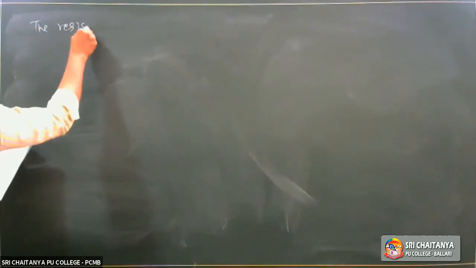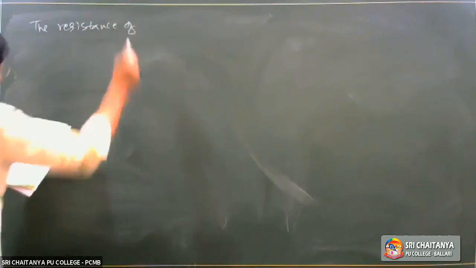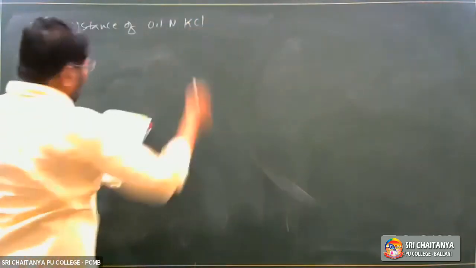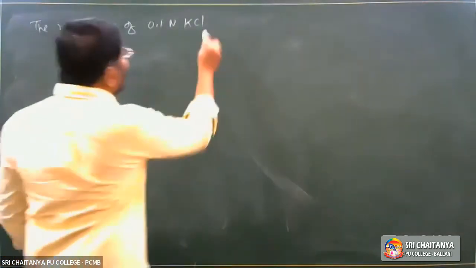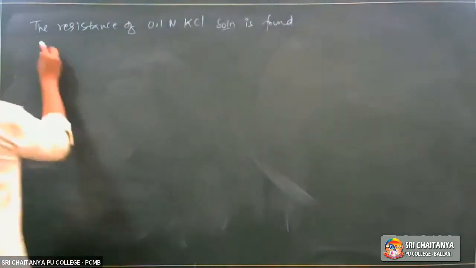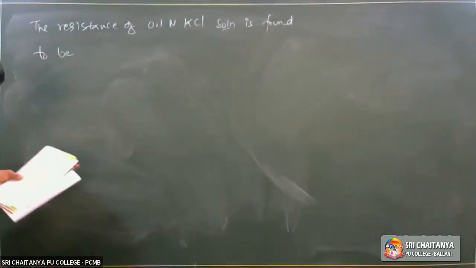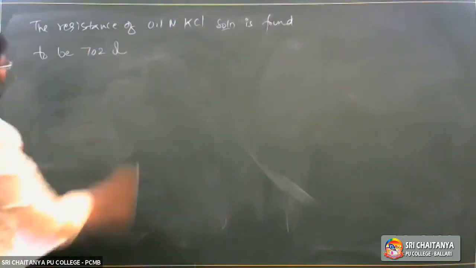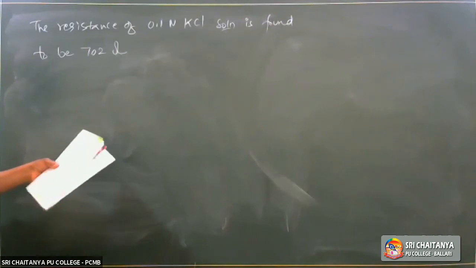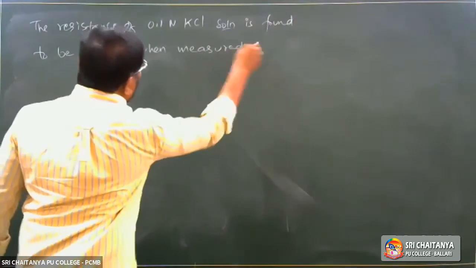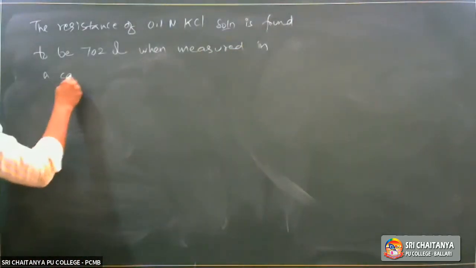The resistance of 0.1 N KCl solution is found to be 702 ohms when measured in a conductivity cell.